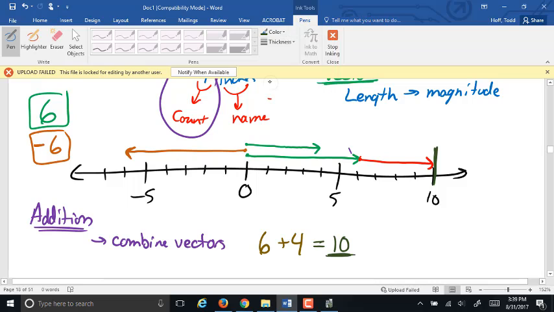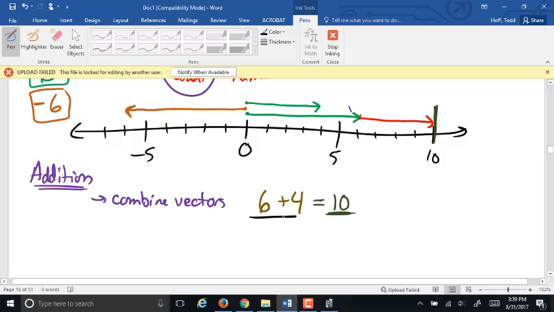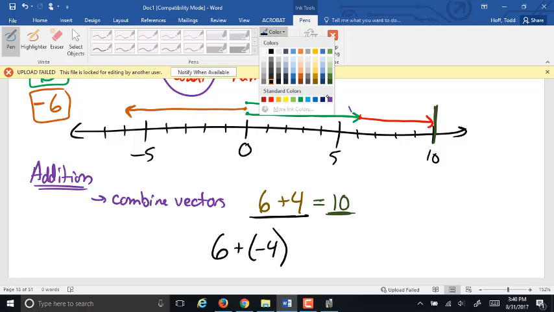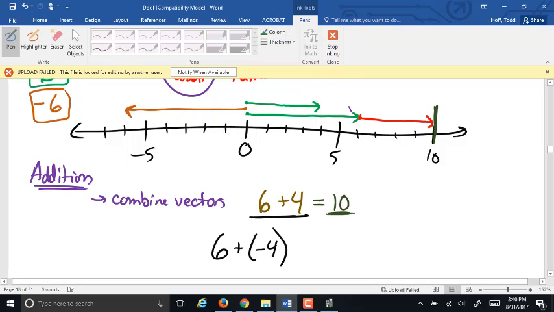So now if I bring in the integers, the negatives, instead of 6 plus 4, let's say I want to do 6 plus a negative 4. So remember the vector for a negative 4 starts at 0, goes to negative 4.